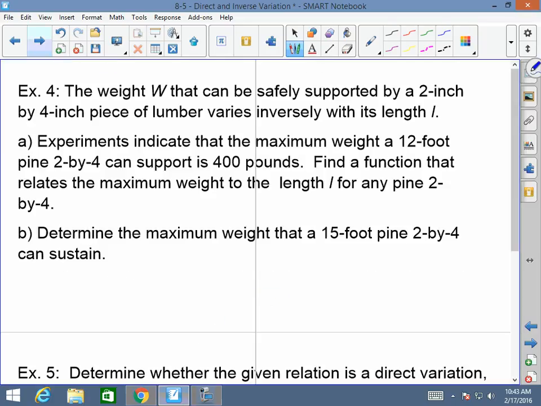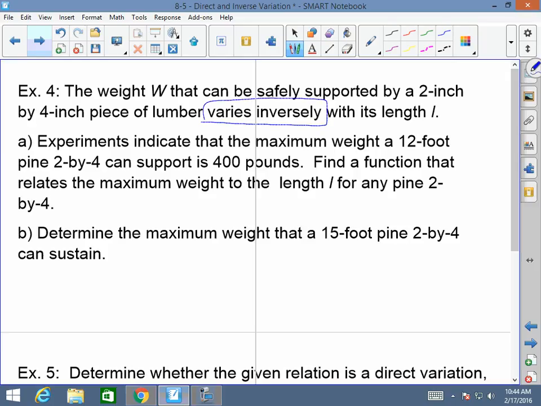The weight W that can be safely supported by a 2-inch by 4-inch piece of lumber varies inversely with its length. Ding, ding, ding, ding, ding. Varies inversely.